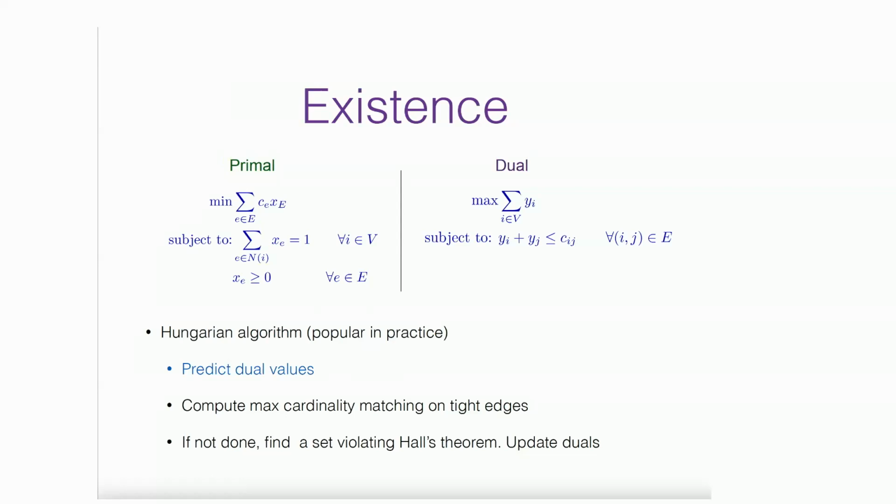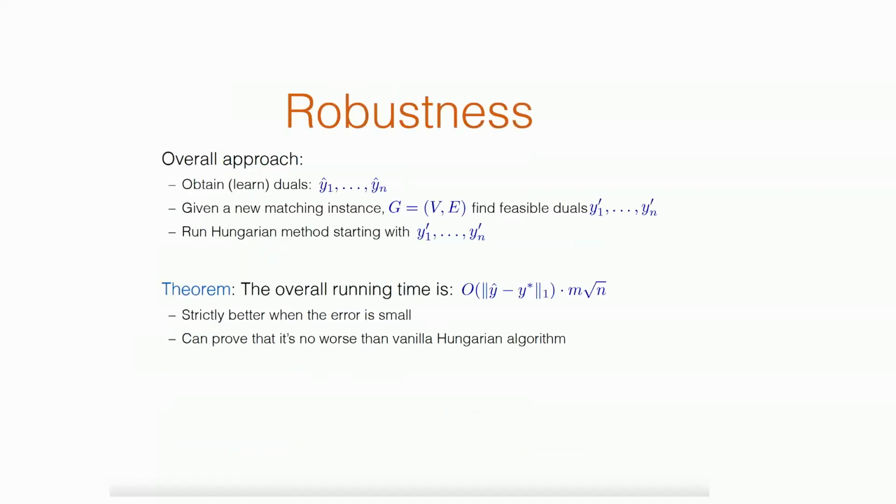Their idea was: let's use the previous problems to predict the dual values as the starting point. Again, you should look at their stuff. I just swiped these slides, but they're able to prove things. You have to be a bit careful, because if you start with a predicted dual solution, it might not be feasible.